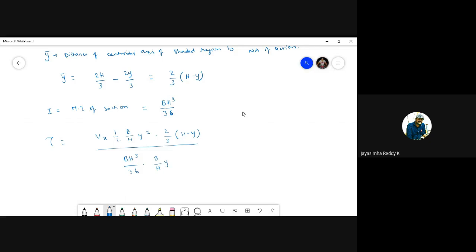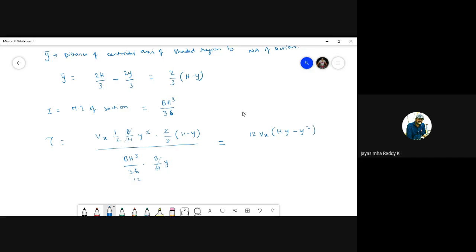If you simplify this equation, students, 2 gets cancelled, 3 ones are 3, 12s are, this b by h and this b by h get cancelled, and this y square goes to y. So 12 into Vx into hy minus y square.